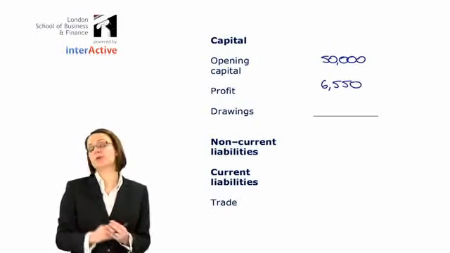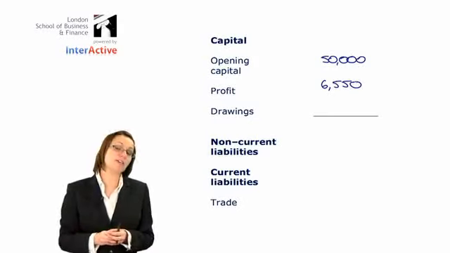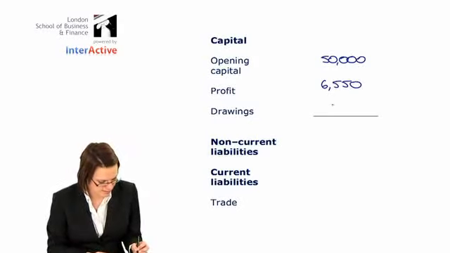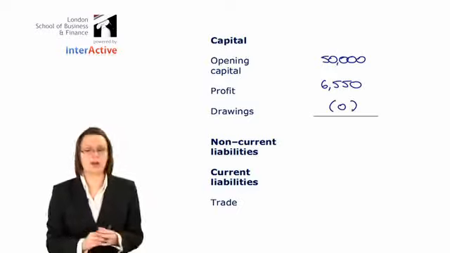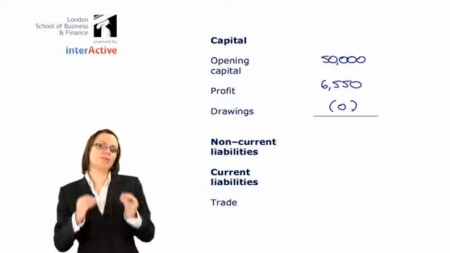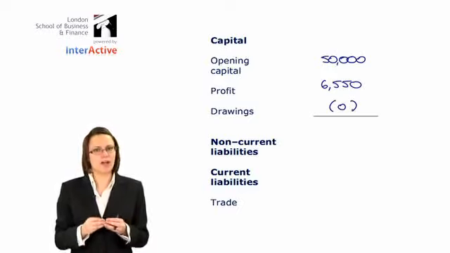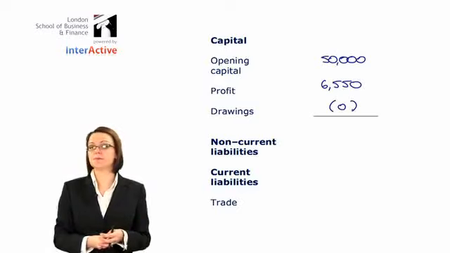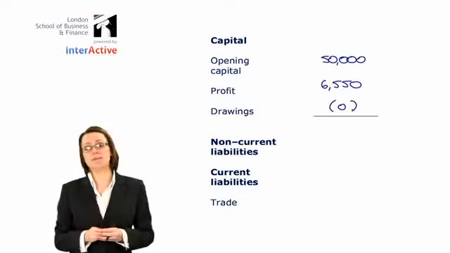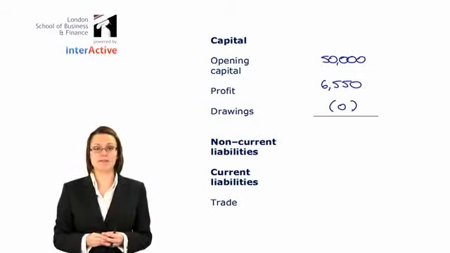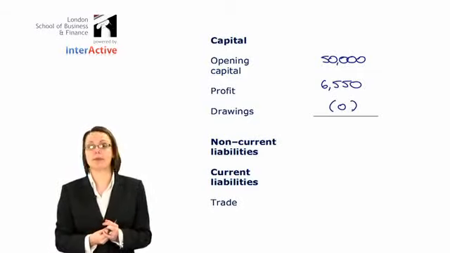Opening capital plus our profit, we will then deduct drawings. Now, drawings are amounts taken out of the business by the owner, by George. George did not take any funds out of the business. Therefore, we leave that blank.